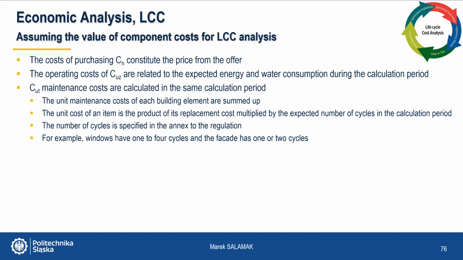The unit cost of maintaining a product results from its replacement cost and the number of cycles expected in the calculation period. This number of cycles is specified in the annex to the regulation where, for example, the windows have 1 to 4 cycles and the elevation has 1 or 2 cycles.